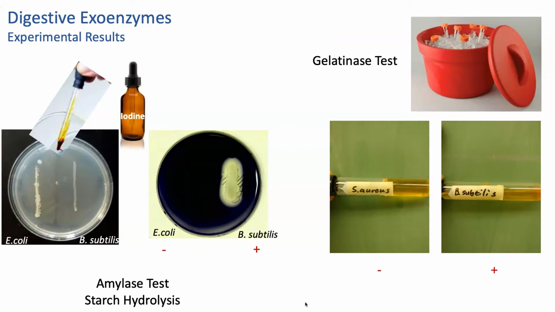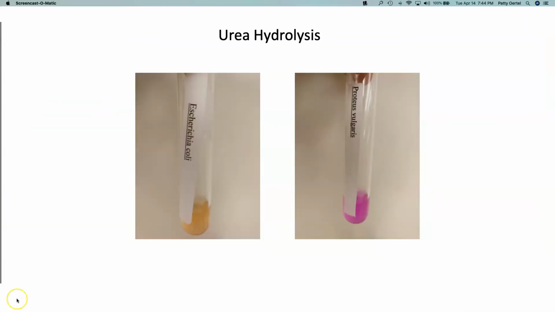The final experiment that we're going to talk about today is the urea hydrolysis. We started off by inoculating a urea broth with E. coli and Proteus vulgaris. After 48 hours of incubation at 37 degrees, we see our experimental results.